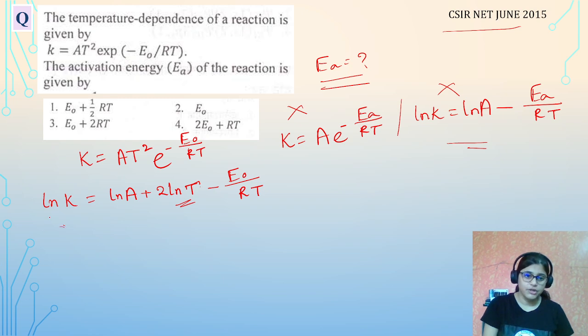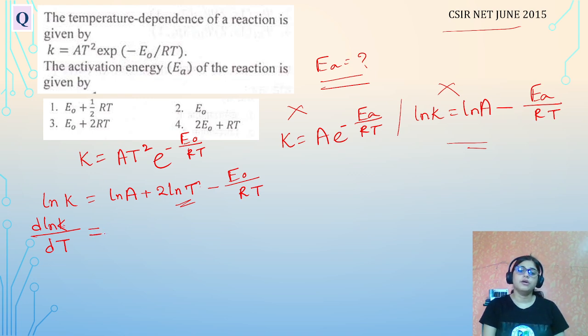Let's see, if we take d ln k by dT, one other form is left. The constant ln A will be 0.